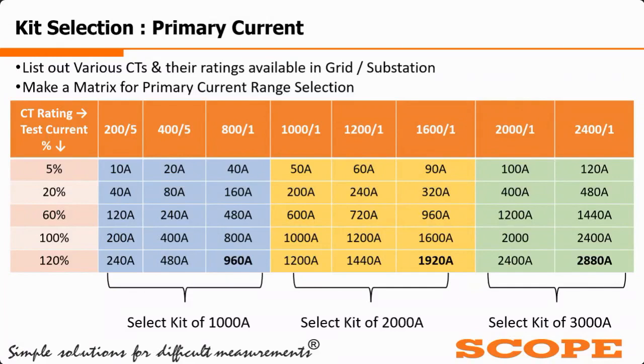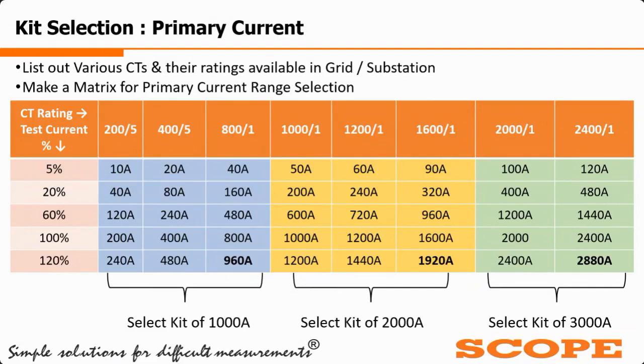Similarly, 1200 by 1 ampere, 1600 by 1 ampere, then 2000 by 1 ampere, 2400 by 1 ampere. And as I said in the previous slide, IEC has given guidelines to test current transformers in the range 5% of rated current to 120% of rated current.